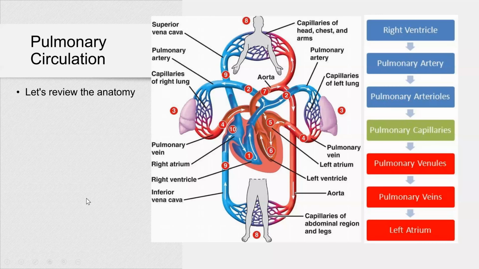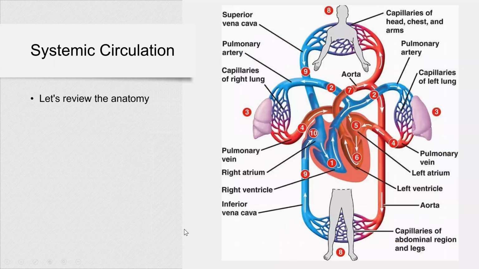Okay, then next is our systemic circulation, and you saw that I used the same picture. For systemic circulation, we can start with the left atrium, through the bicuspid valve, left ventricle, aortic valve, and we go to the aorta. Now the aorta will have some branches that bring blood to your arms and to your head.